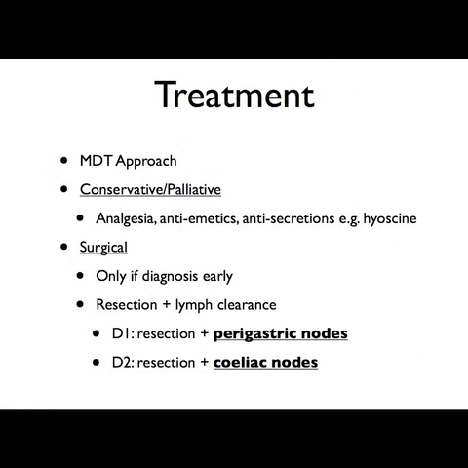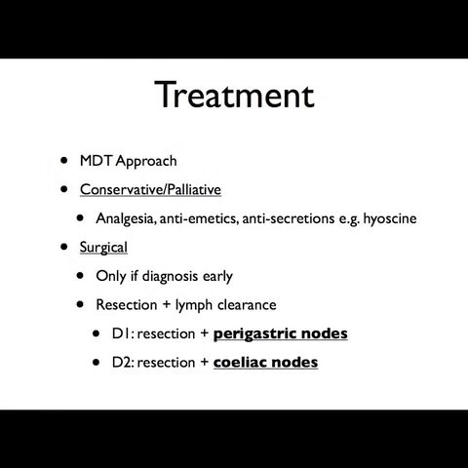Excellent. And surgical treatments. This is only if it's an early diagnosis and resection is possible. The types of resection you can do involving lymph node clearance are a D1, which is resection of the tumour and also the perigastric nodes, and a D2, which is a D1 and the coeliac nodes.